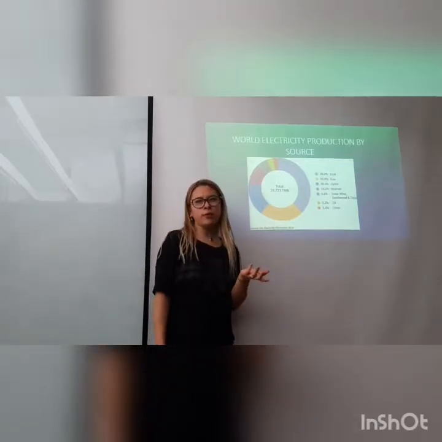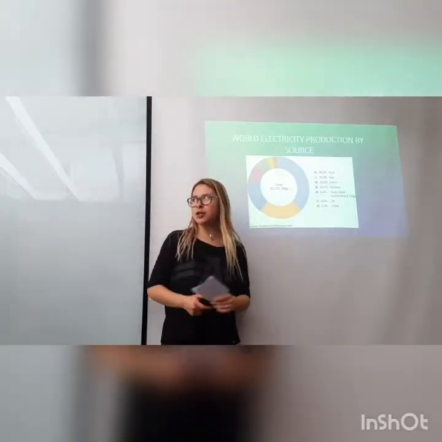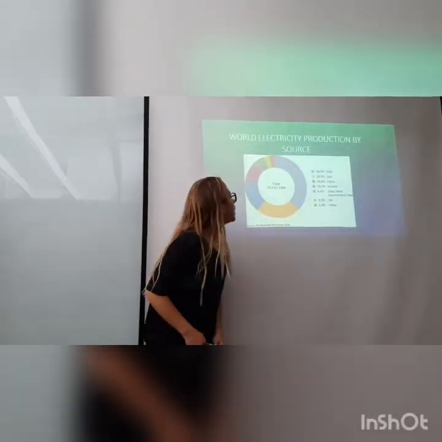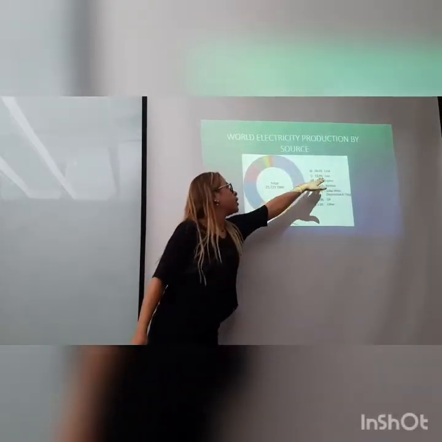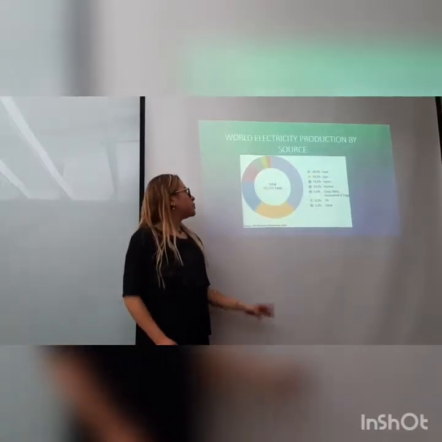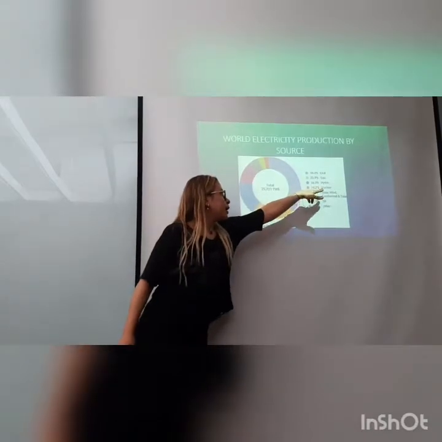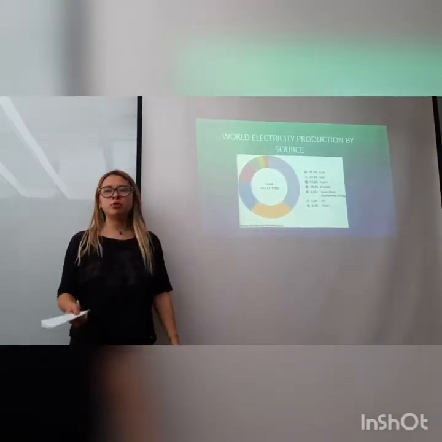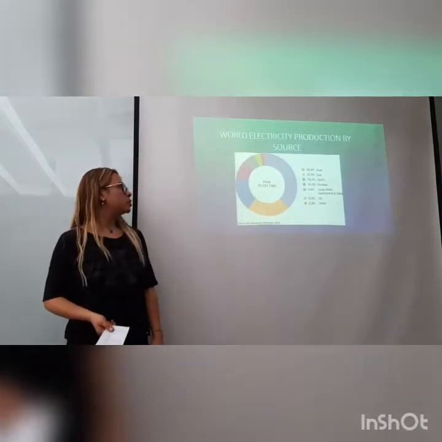Why? Because probably it's the most useful, and we can obtain more energy. The second one we find is gas, and then hydro. So these three we can say are the most used at the moment.